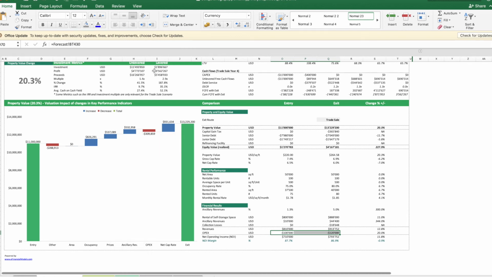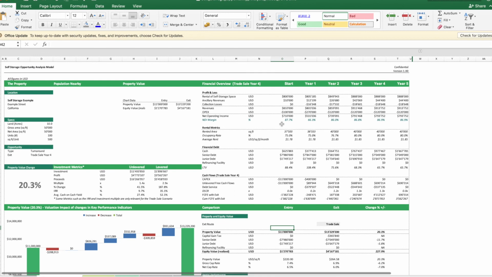Ancillary revenues, we have additional revenues. If they're capitalized, the property value goes up. Prices, higher prices, revenues go up. And same with the occupancy rate. So you can see a bit the effect of which factors or which actions contributed to the increase in the property value. That would be important to understand.